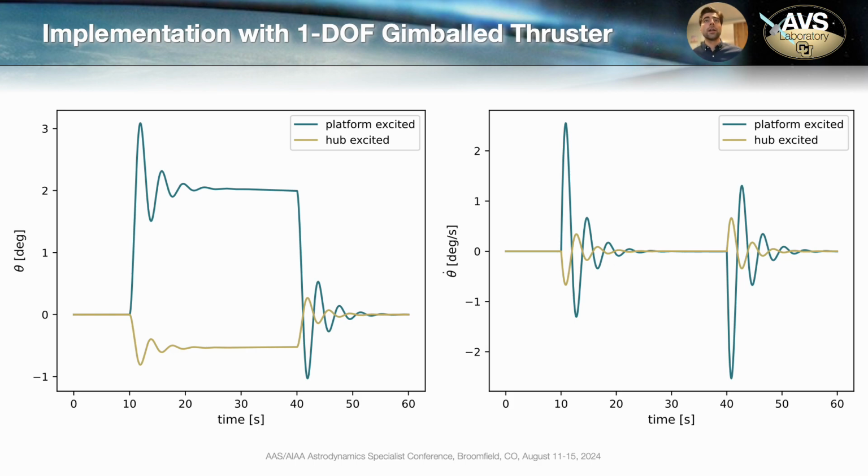And then in the blue line here, we show what we're referring to as our platform excited flexing, where the forces generated by the thruster are genuinely applied to that robotic arm first, which then translates them through to the hub. And we see here very clearly the main benefit in modeling the dynamics this way, and that our robotic arm deflects in the opposite direction, as instead the forces accelerate the robotic arm and it's the hub that lags behind.